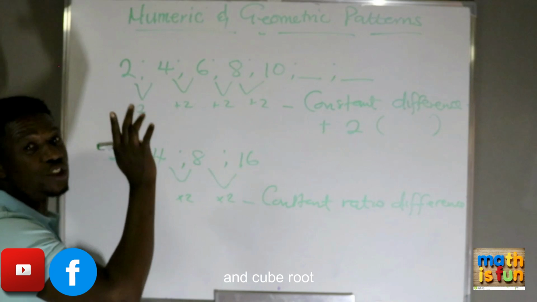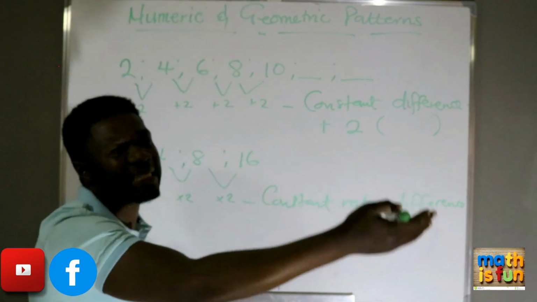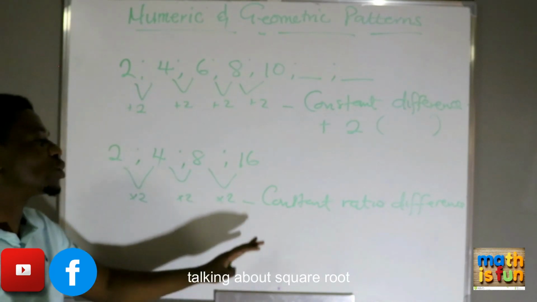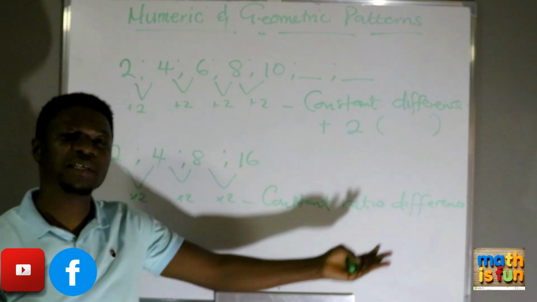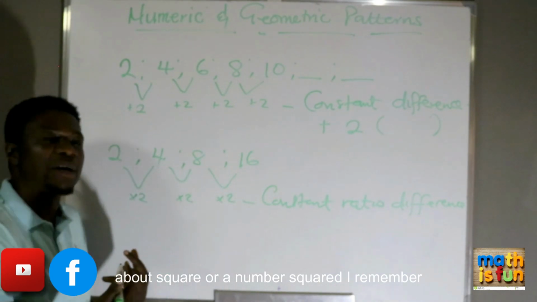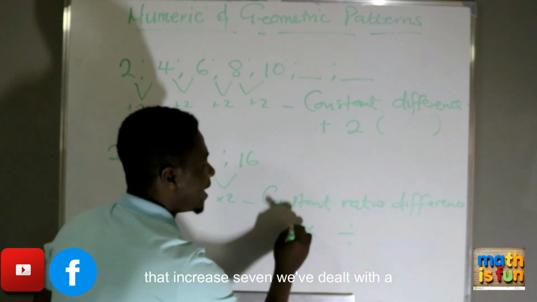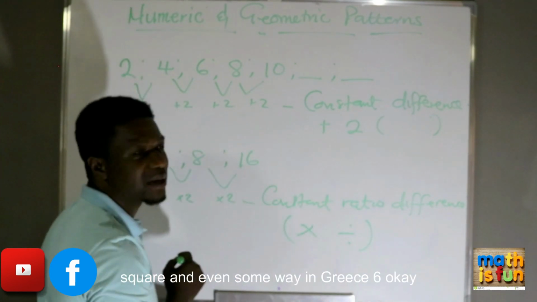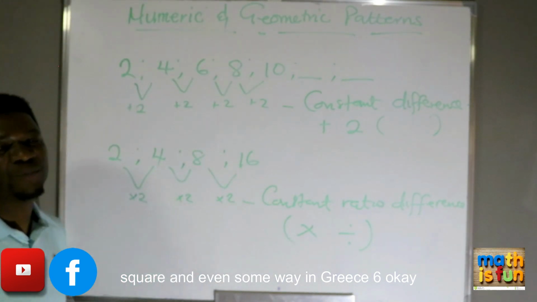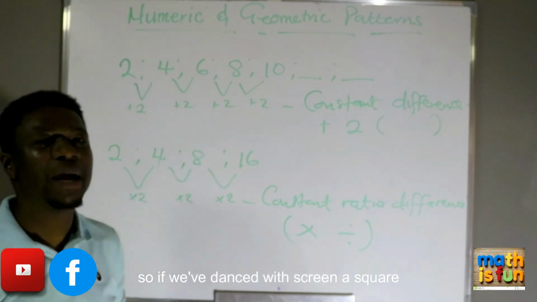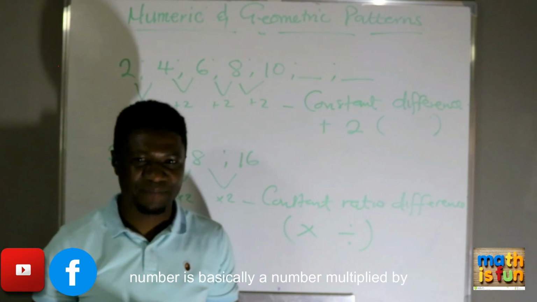So we add or subtract the difference that we get here to get the next term. Then if we talk about constant ratio sequence, what we are talking about is that we multiply or divide by a particular number to get the next term.